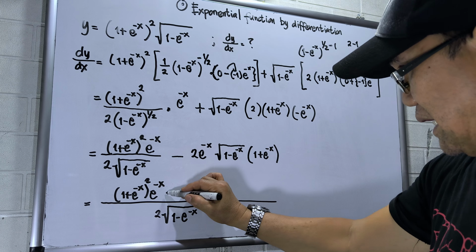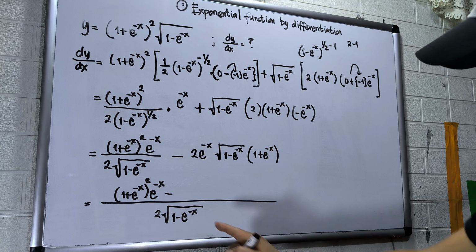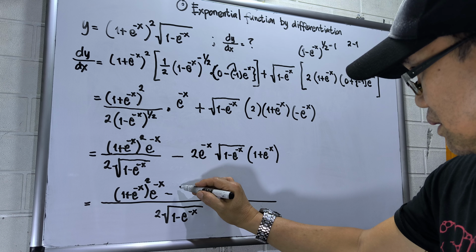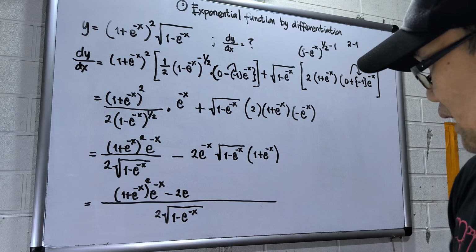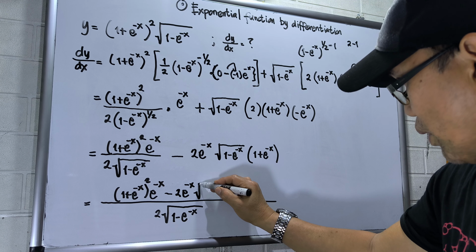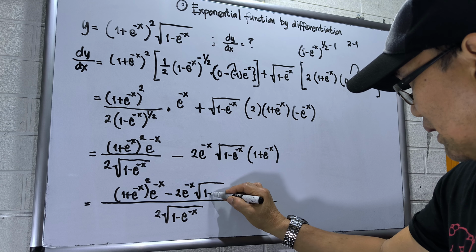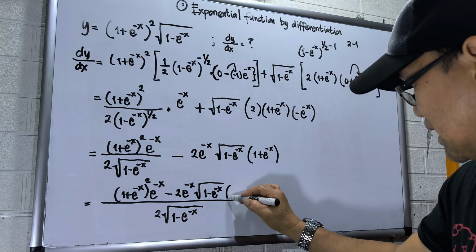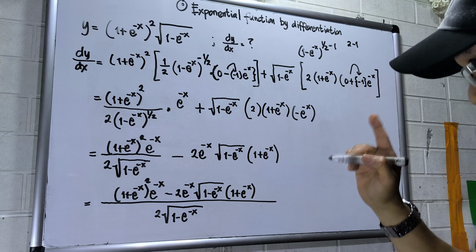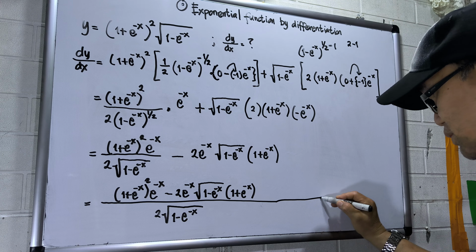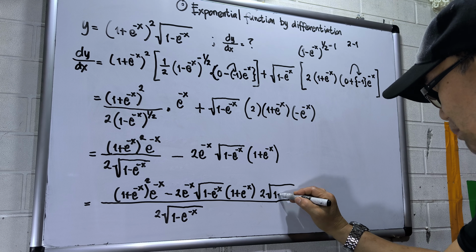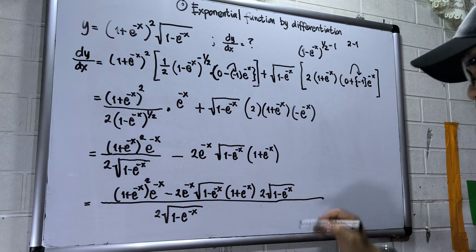Then minus this one divided, meaning multiply, right? So 2e to the x times the square root of 1 minus e to the negative x times (1 plus e raised to the negative x) times this one. So this will be multiplied by 2 times the square root of 1 minus e raised to the negative x. Okay?